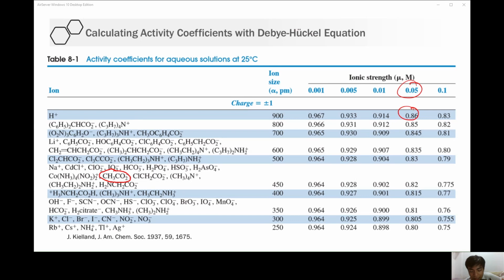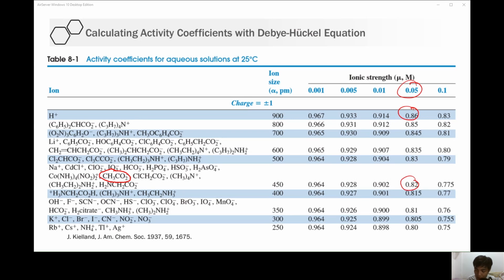That is acetate ion, CH3CO2 minus. What happened is that they combined the oxygens, so that's its O2. The gamma value for acetate ion at 0.05 molar ionic strength is 0.82.